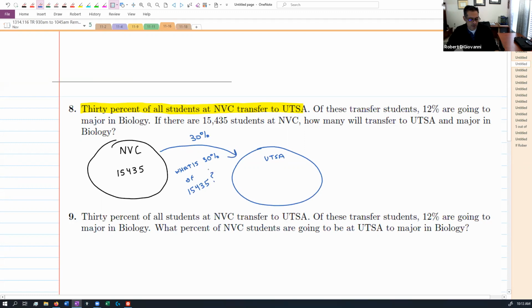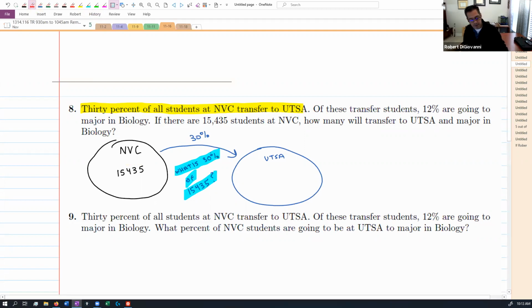Right? That's the question. I want to know how many students actually transferred to UTSA, and it's 30% of this group, right? Now, this thing I did in blue, what is 30% of this? That's a problem like the previous problem we just did, isn't it?